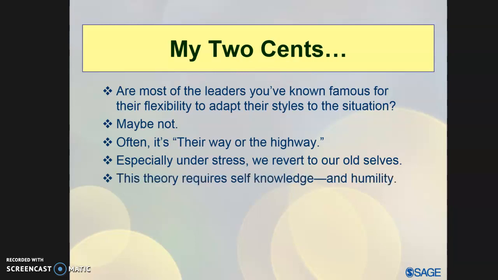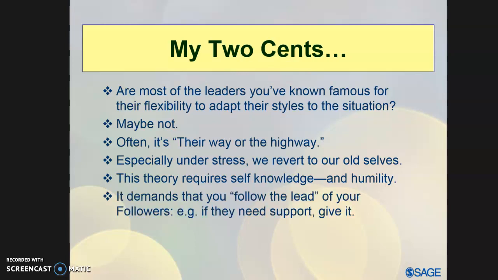So this theory requires a great deal of self-knowledge and a great deal of humility, because you are subordinating your role of leader to the demands of your followers. In other words, it's almost counterintuitive. You're almost following the lead of your followers.